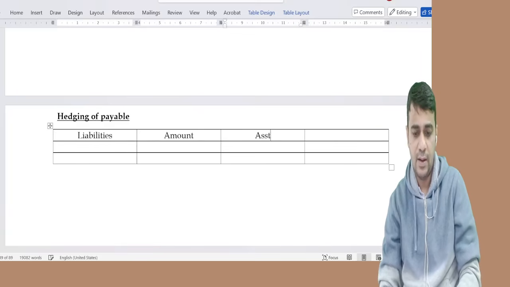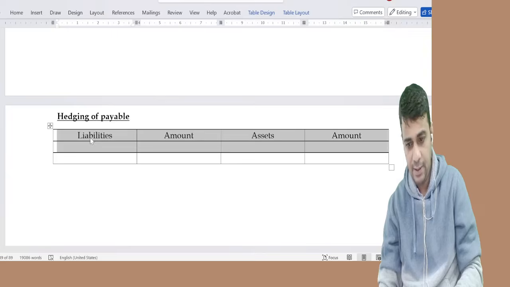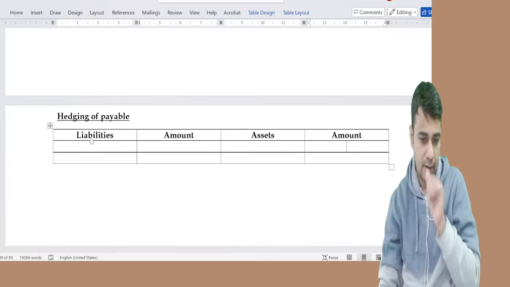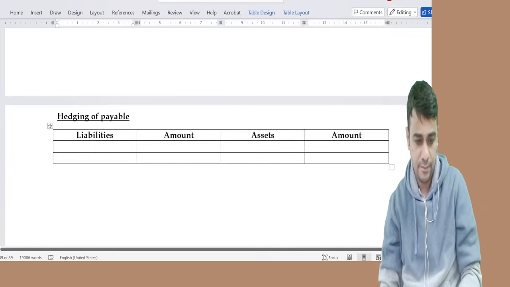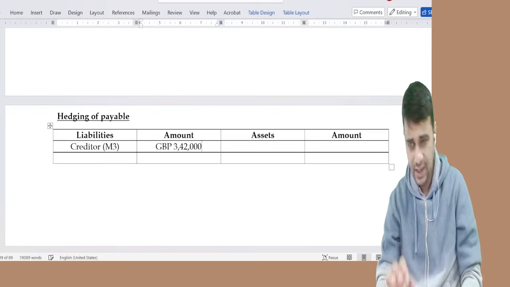What is the payable amount we have? Creditor in bracket. Which month? Month 3. How much? GBP 3,42,000.